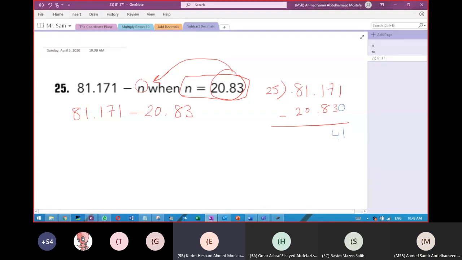Yes, it's correct. And then we cross 8. Cross 1. Okay. I'm waiting. And the 1 became 11. The one here would be a 0.